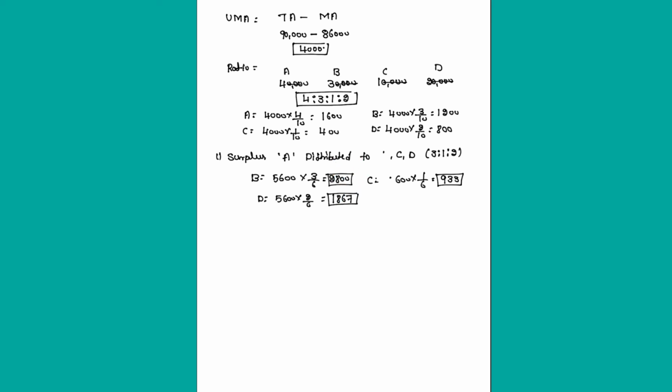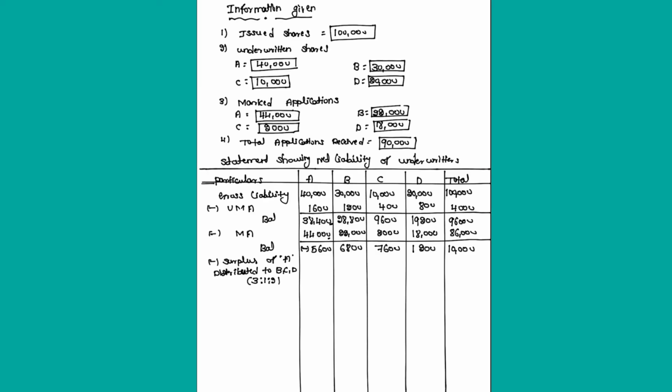So now we should record here: surplus of A distributed to B, C, D in the form of ratio. Here plus we have distributed, so plus 5,600, B column 2,800, 933, 1,867. Take the balance.